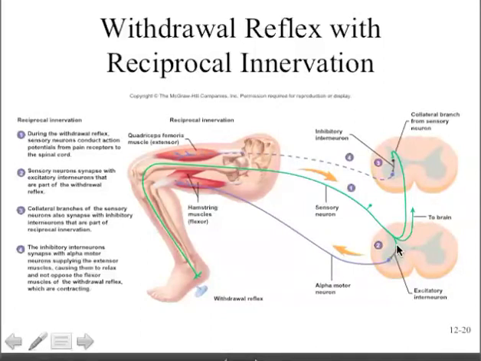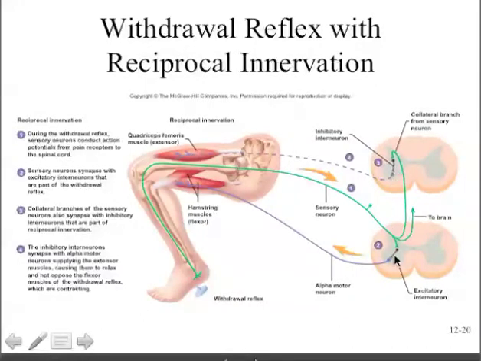It's being signaled by the incoming sensory neuron. Again, these graded potentials are being created on the dendrites in the soma, and that's producing now an action potential that's going to reciprocally innervate. We're going to simultaneously cause the hamstrings to contract, and a separate interneuron receiving this innervation will also cause the quadriceps to relax, simply inhibit the firing.